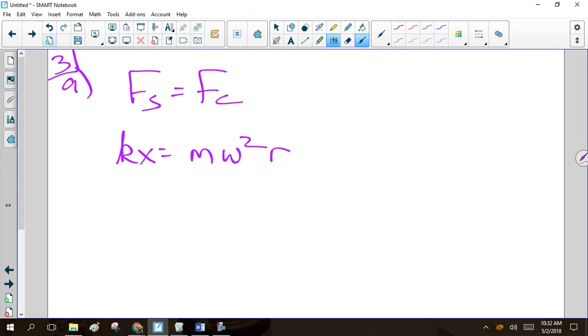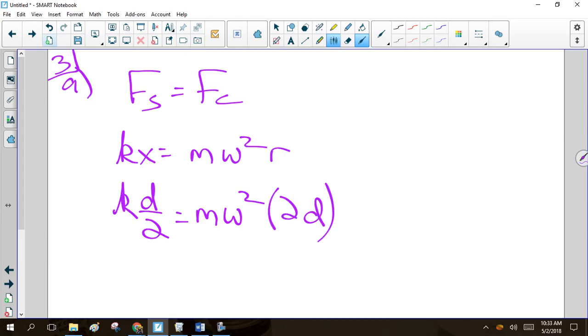d over 2, right? So I've got k times d over 2 equals m omega squared times what's r? Is it 2d? 2d, right? So you got d for the rod plus 2 half of d's, right? So 2d. Cool? All right, and so what do we want?